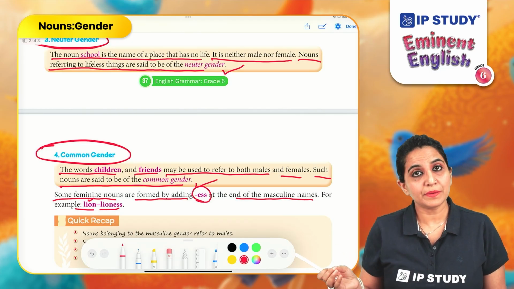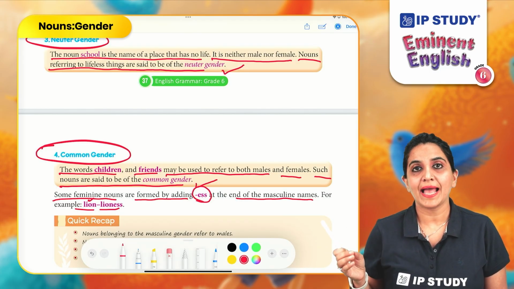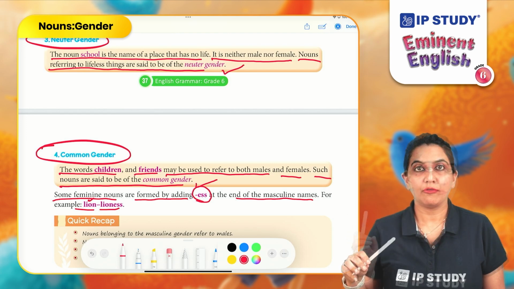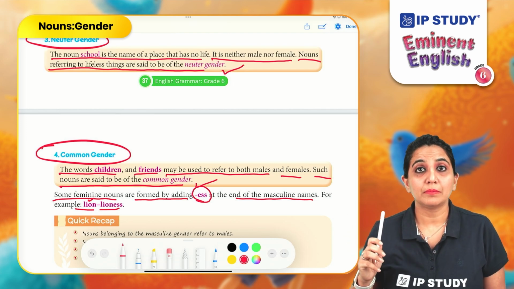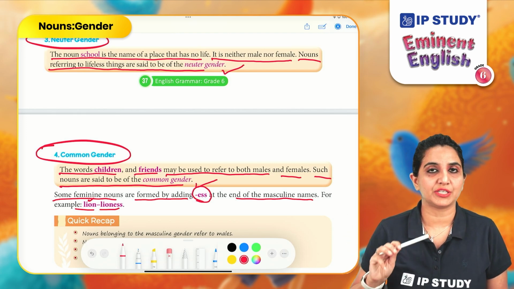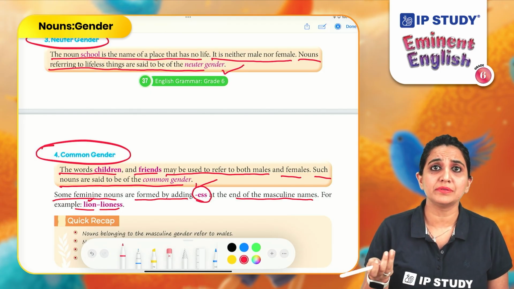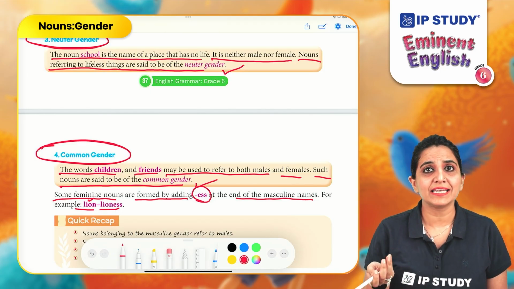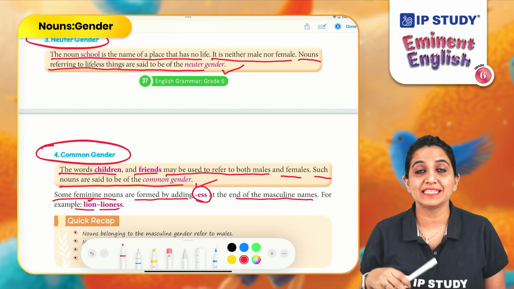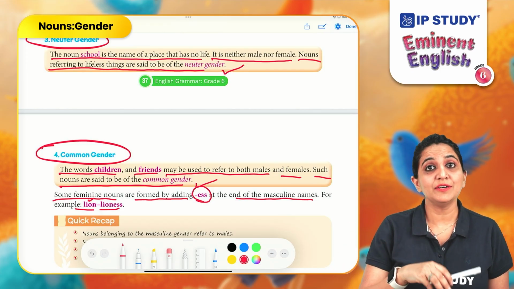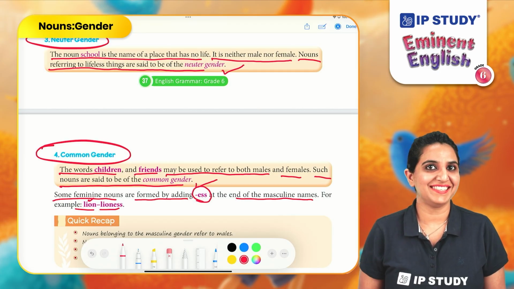Sometimes we simply drop the final vowel and add ESS. For example, master. Master belongs to the masculine gender. In this noun, we drop the final vowel E and add ESS. Master becomes mistress. In this way, you can get the feminine gender from the masculine gender.